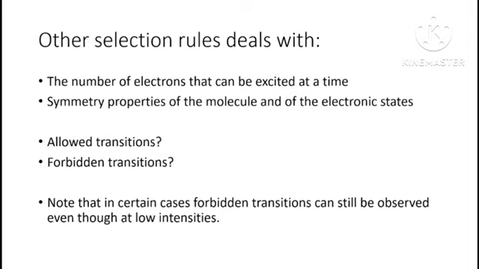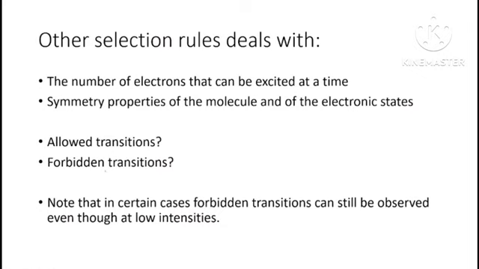Now let's look at what we have here: allowed transitions and forbidden transitions. When I was giving the introduction, I made mention of some transitions being allowed and some being forbidden. The transitions that are allowed, you know what that means already. Allowed transitions follow the selection rule, and the forbidden transitions violate the selection rule.